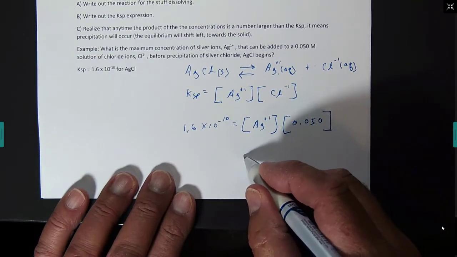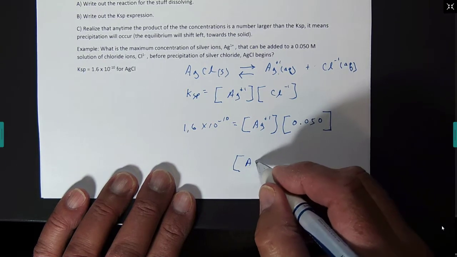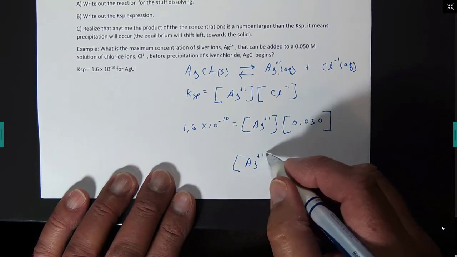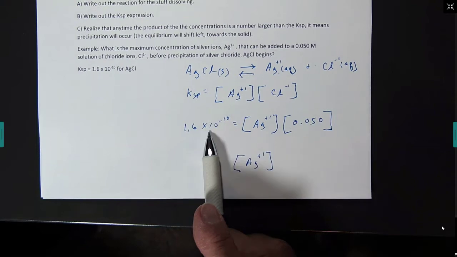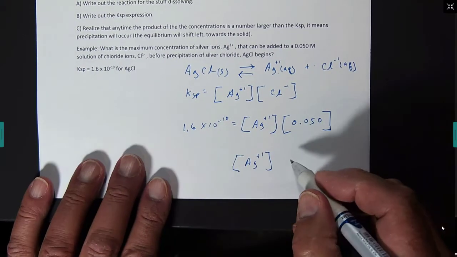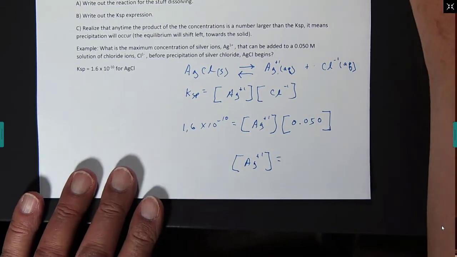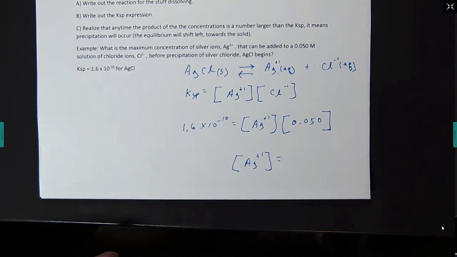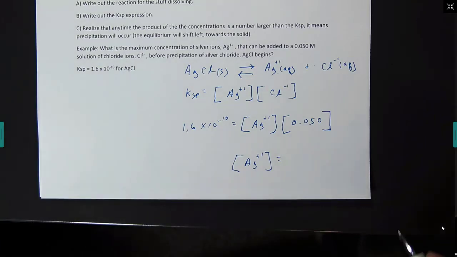Your concentration of the silver ions, you can solve for that easily enough. You know, this divided by the 0.050. What are we going to get there? 10 to the -10th divided by 0.05, 3.2 times 10 to the -9th.